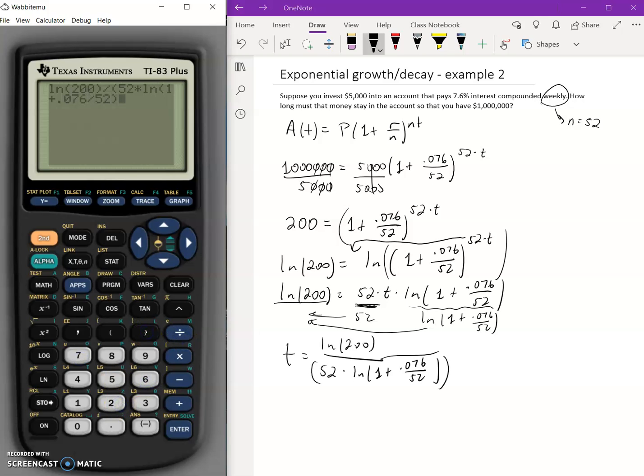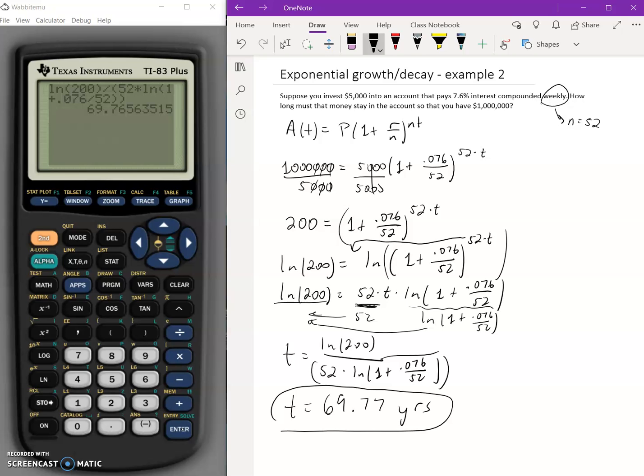Now I close the parentheses for natural log and I close the parentheses for the denominator. Press enter, and so that says that t is equal to 69.77 years. So just a little shy of 70 years, it will take your $5,000 to grow to $1 million.